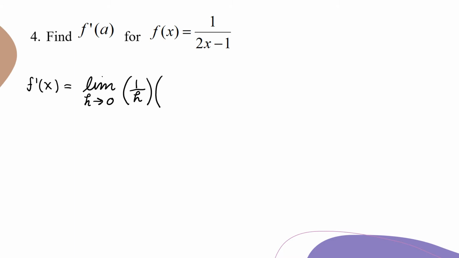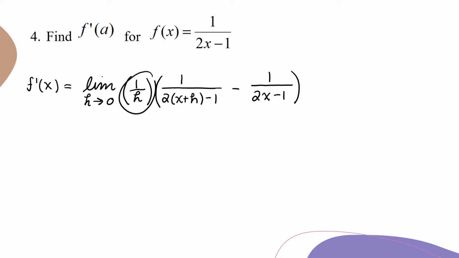And then I have f of x plus h, so that'll be 1 over 2 times x plus h minus 1, minus f of x, so 1 over 2x minus 1, and then all over h, which I already wrote at the beginning.